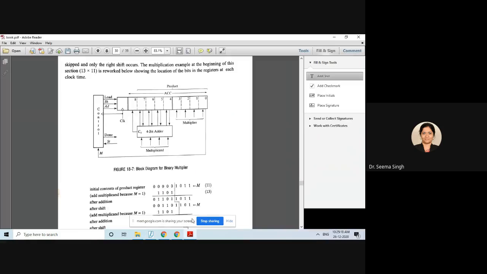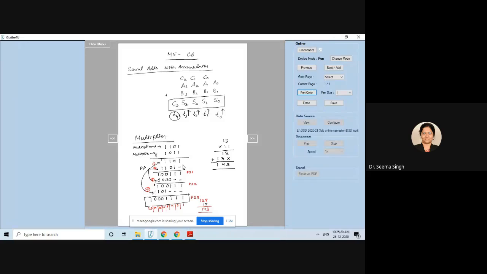Now coming to this circuit. Before you understand that, you have to see you have a 4-bit multiplicand and a 4-bit multiplier. So I have to keep these 4 bits of both the numbers. Also, you have to see the shifting is happening every time, but copying the same number 1101 happens when your multiplier bit is 1.